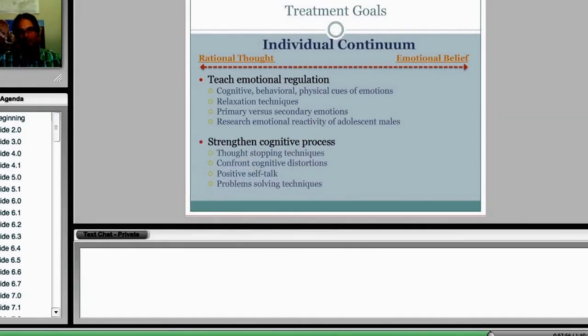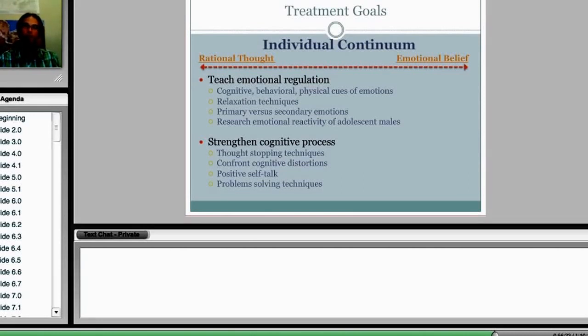At the same time, we want to strengthen the cognitive process. We help people, whether an adolescent or a parent, stop their racing thoughts and confront them, to determine: is this actually true? What's happening? Confront the distortion, use positive self-talk.